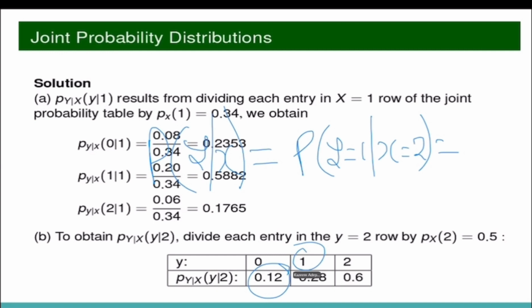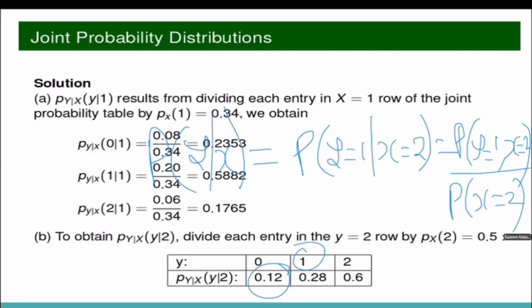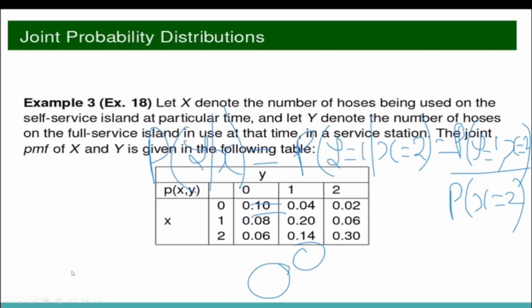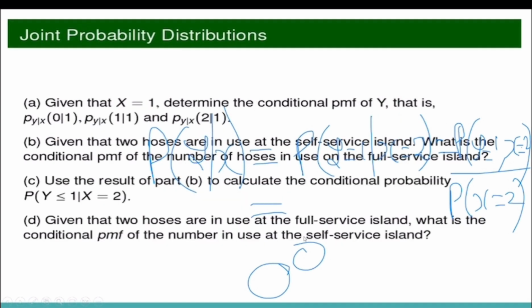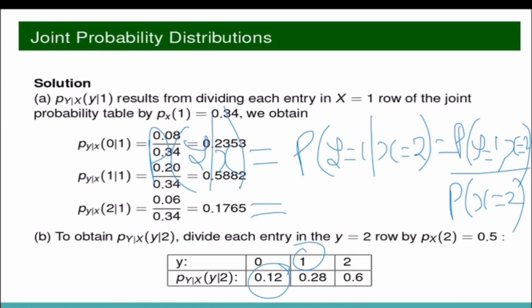So I have P of y equal to 1, x equal to 2, divided by the probability of x equal to 2, which I've already obtained as 0.5. Where y equal to 1 and x equal to 2, that is 0.14. So I do 0.14 divided by 0.5, which gives 0.28.